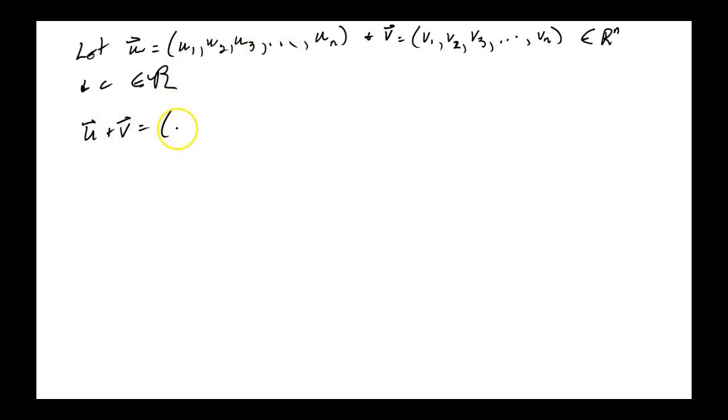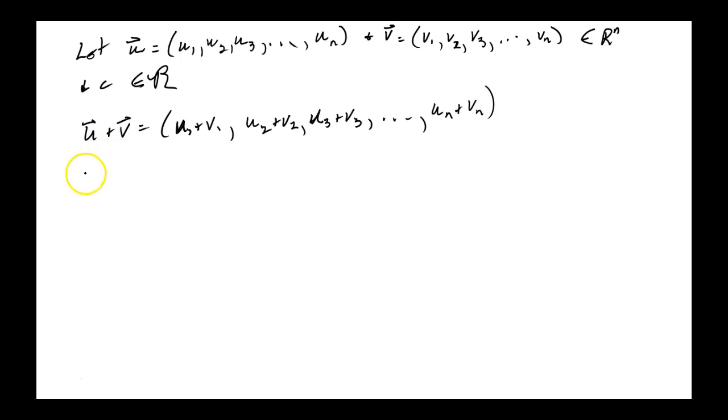You add the first components, u1 plus v1. That will be the first component of your sum vector. You'll have u2 plus v2, add the second components together, u3 plus v3, add the third components together, and keep doing that up until you get to u sub n plus v sub n. And that will be the sum vector, just like we've always done it.